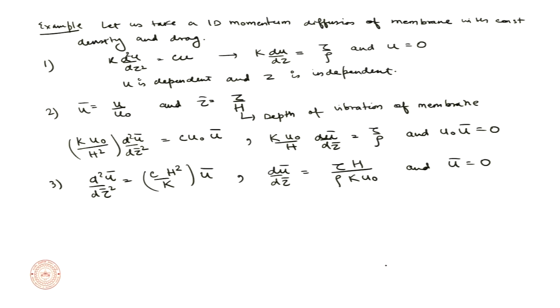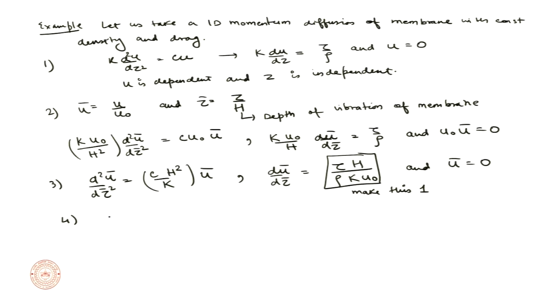Okay. Now, we do not know what u naught is, right? U naught is something that we are calculating, right? So, how will we scale this? In this case, we can make this term as 1. Okay. So, we will go to step 4.